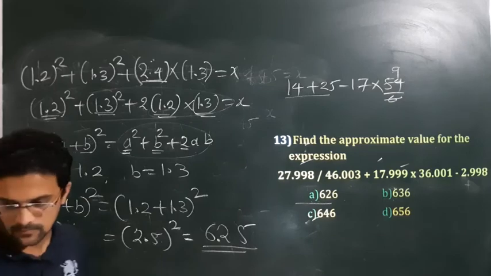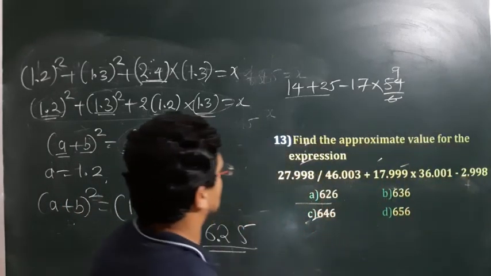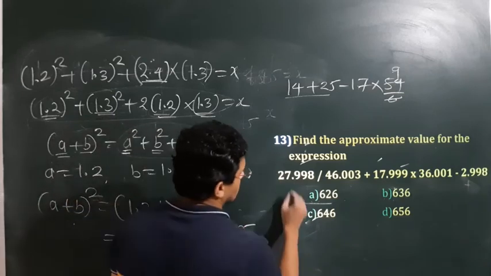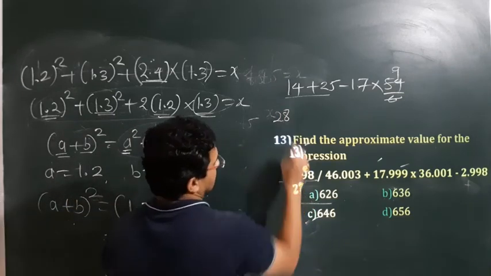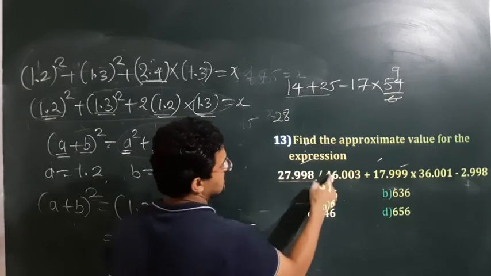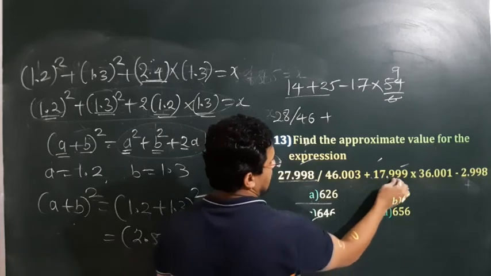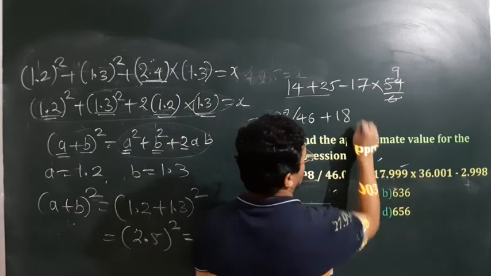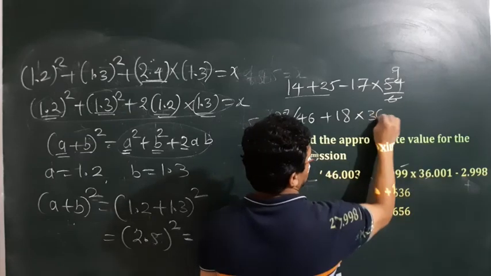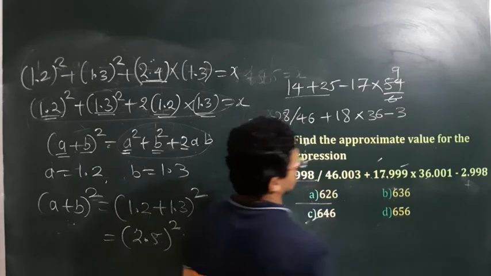Next, the similar one, find the approximate value. This is left to you. 27.98 can be written as 28, divided by 46, plus 17.99 can be written as 18. Approximate nearby value is 18. Multiply by 36, because the near value is 36 only, minus 2.998 can be written as 3.